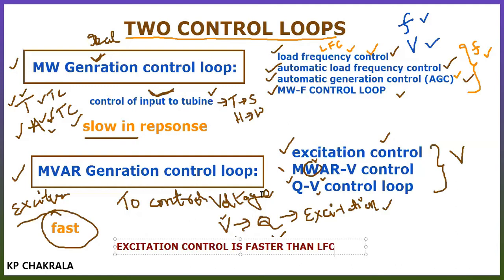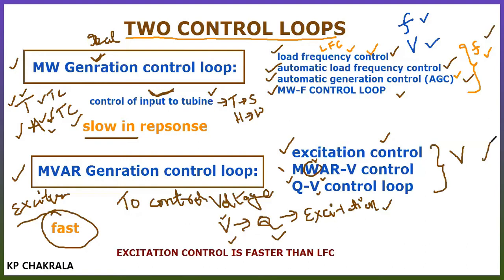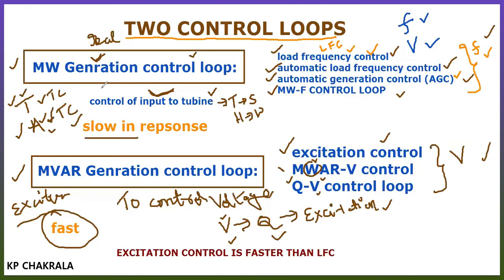In the entire power system, we know that we have to maintain the frequency and voltage as constant. In order to maintain that, we should have some control loops in the power system. Those control loops are the megawatt generation control loop and the MVAR generation control loop. Now, let us see how these two control loops are integrated so that the entire power system can be controlled.